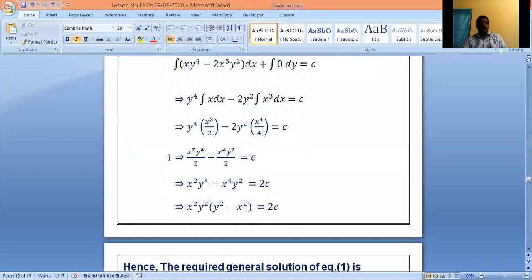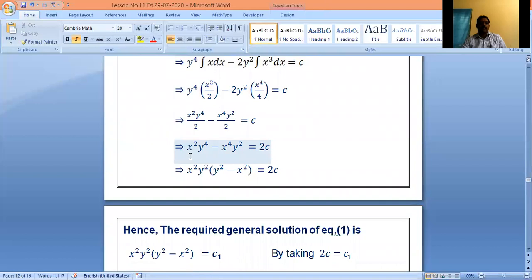That implies y to the power of 4 into integration of x dx is x square by 2 minus 2y square into integration of x cube dx is x to the power of 4 by 4 is equal to c. That implies x square y to the power of 4 by 2 minus x to the power of 4 y square by 2 is equal to c.